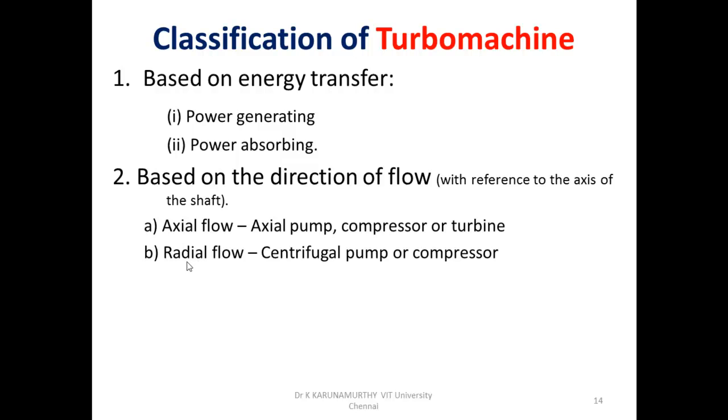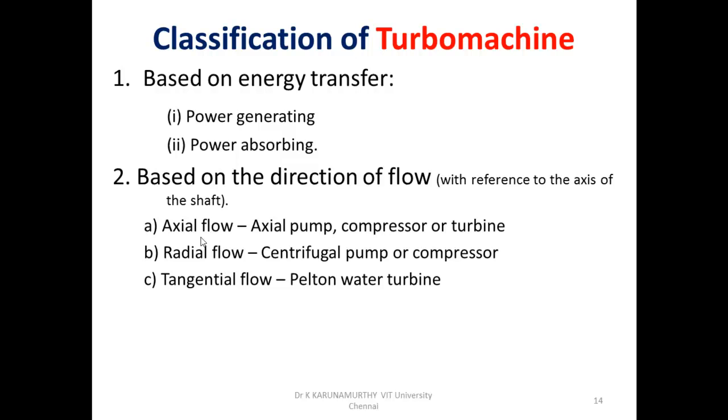These three are perpendicular to each other. If the fluid flows parallel to the axis of the turbo machine, we call the flow axial flow. If the fluid flows radially, we call that type a radial turbo machine. And the third one is the tangential flow.